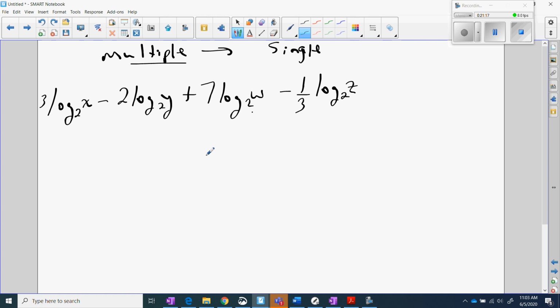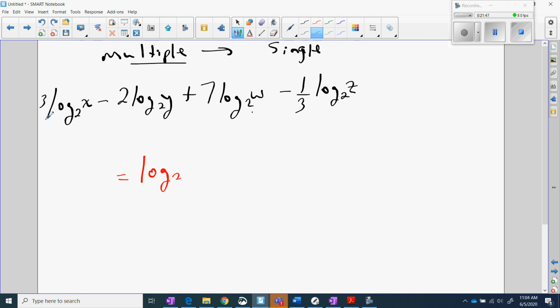Okay, now I'm just going to write the answer without doing any work of this as a single. I'm just going to get you to look at it, and I'll explain it. But I just want you to look at it and say, oh, I see what he did. That makes sense. This is what it would be as a single log. And I'd love for you to get to this point where you just go log base 2. I see a bunch of logs, all base 2. Added and subtracted. Now they have coefficients. So remember coefficients.